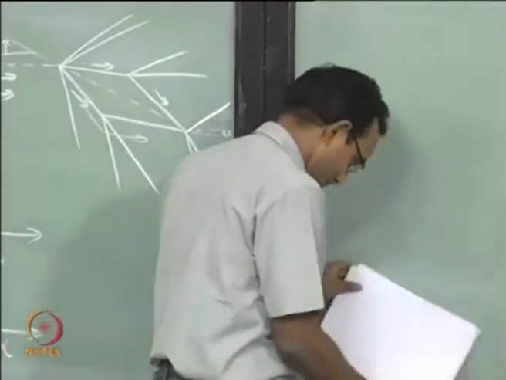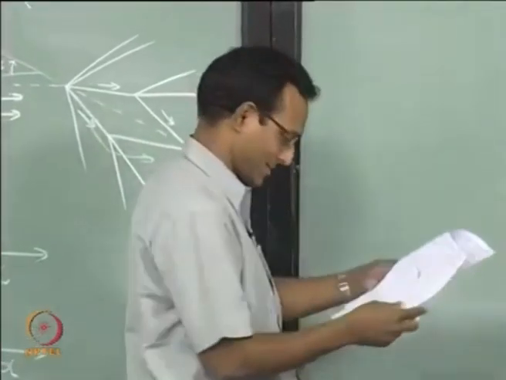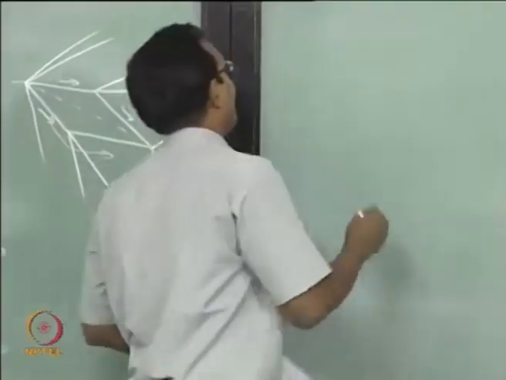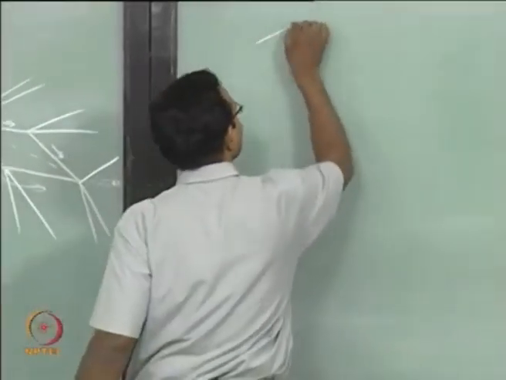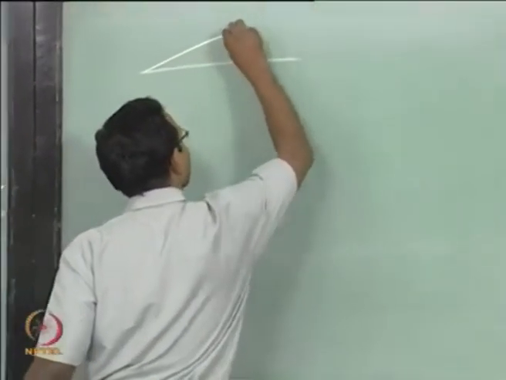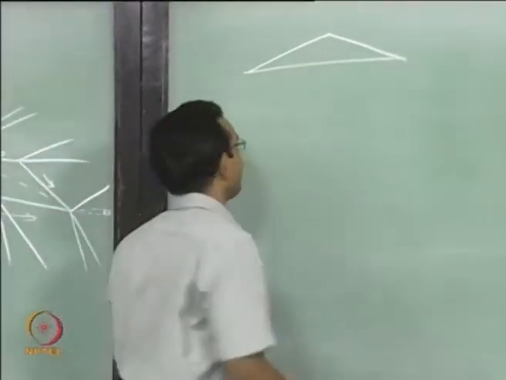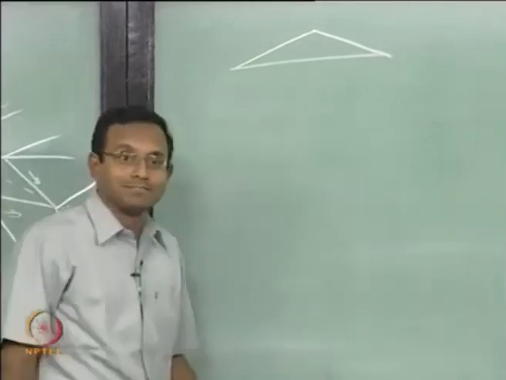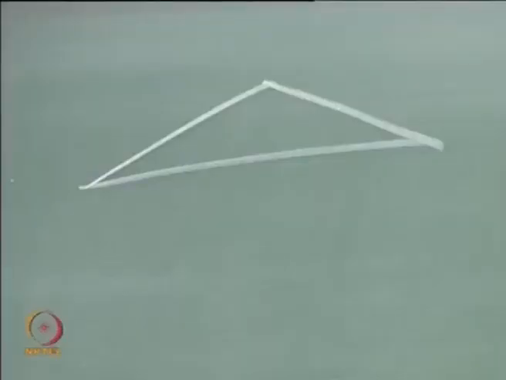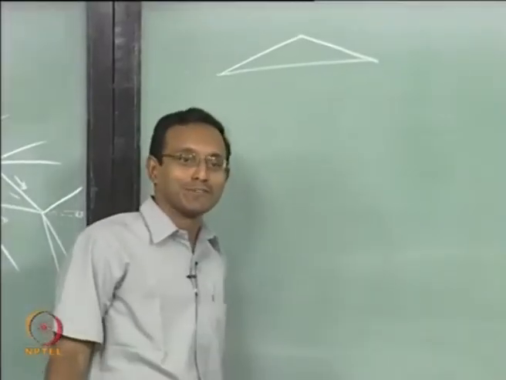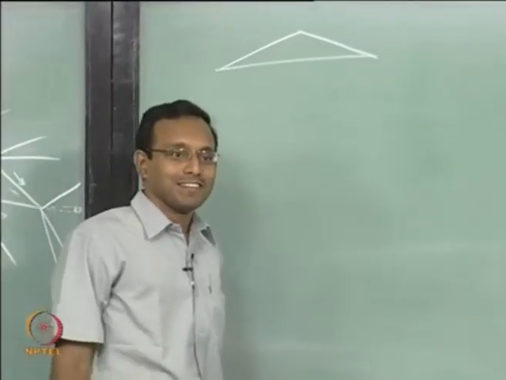Now I want to pick up some other flow situation, more complex stuff. Let us take a case where it is half of that diamond airfoil. Will this produce lift? Why? From an aerodynamics point of view, it has a camber.